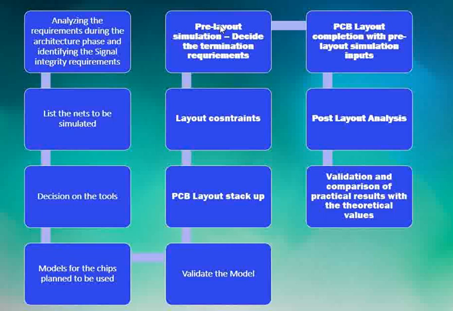So a signal integrity engineer is also well familiar with the S parameter models, with the IBIS models, and he knows the in and out of those models, the IO buffering requirements, the voltage levels. So these basic things need to be known by the signal integrity engineer.